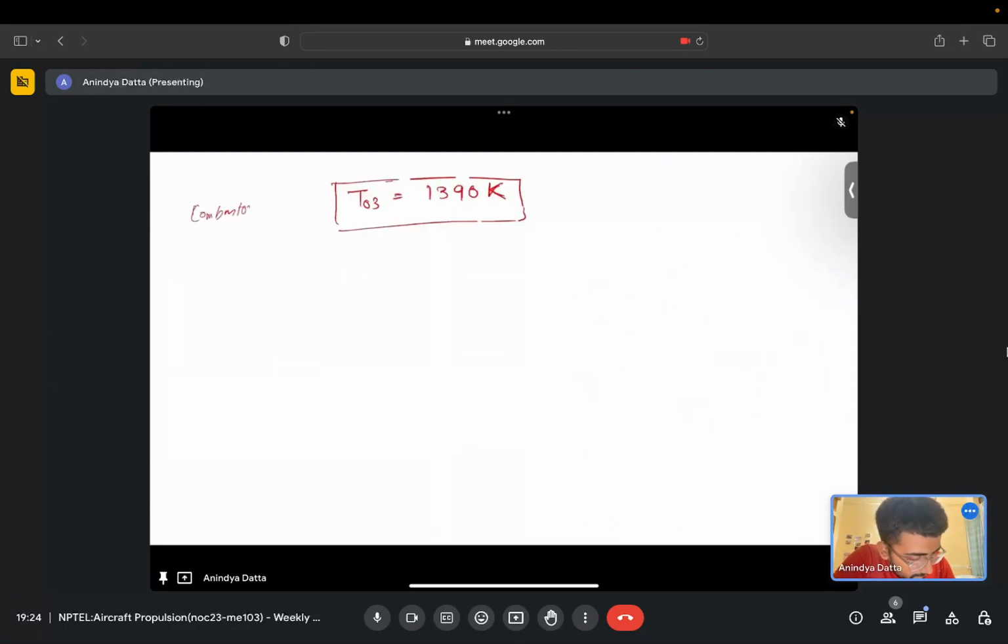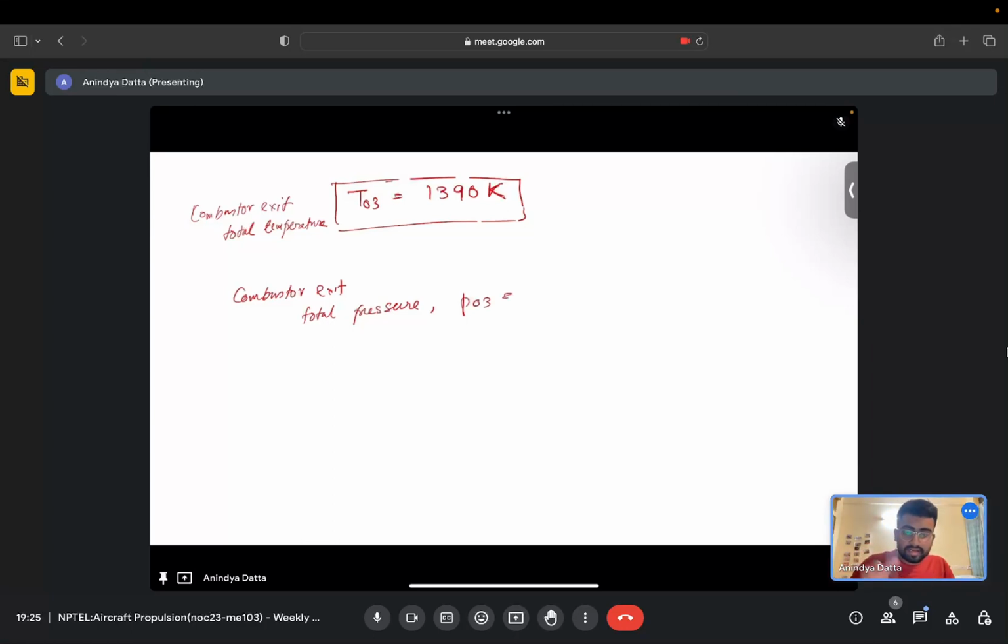So this is our combustor exit total temperature and combustor exit total pressure P03.